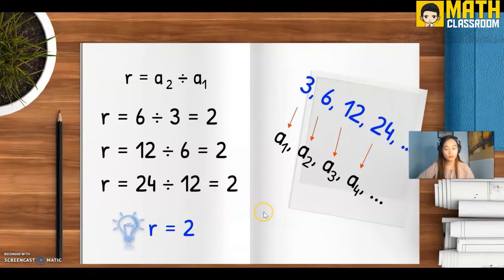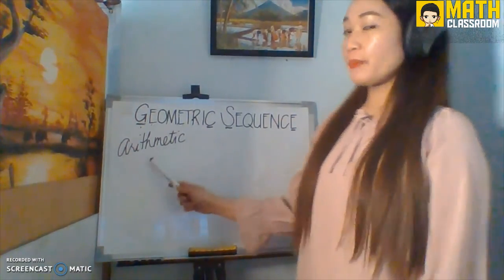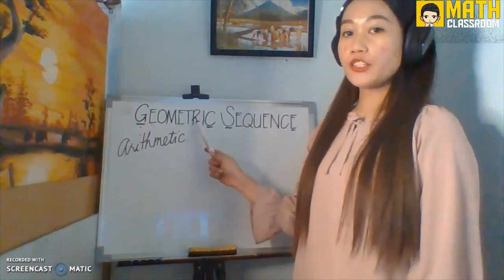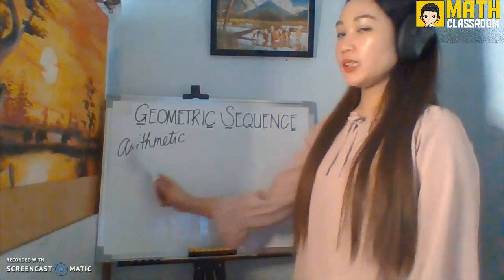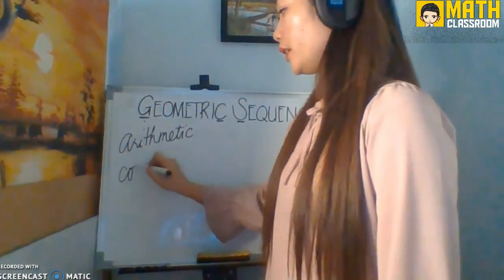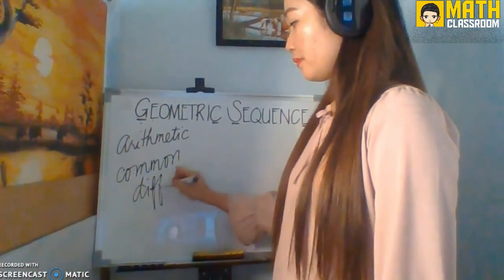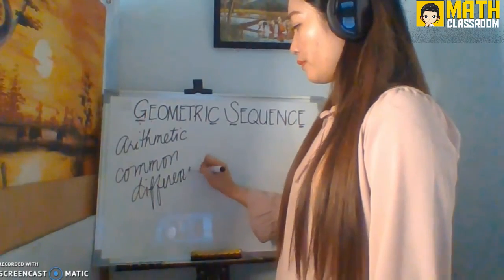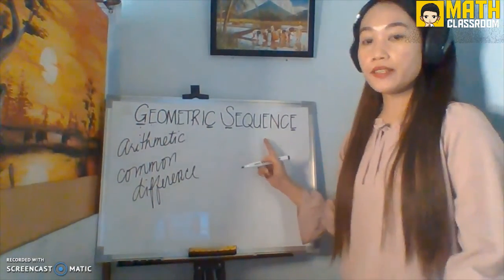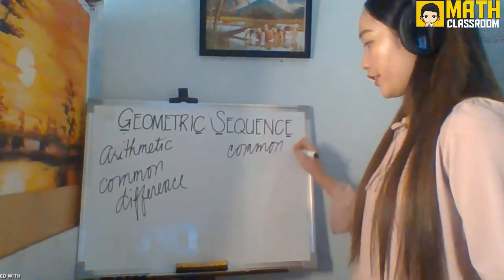That's why it's called common. Let us identify the difference between an arithmetic sequence and a geometric sequence. We all know in arithmetic sequence, we have what we call the common difference, while in geometric sequence, we have the common ratio.